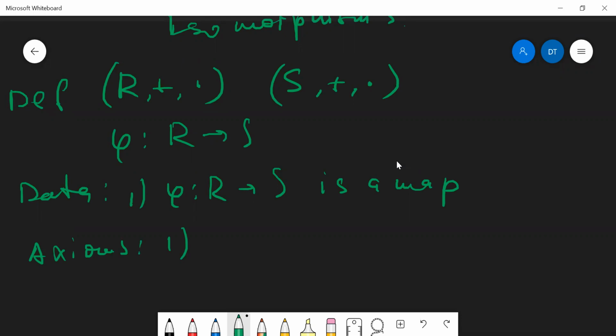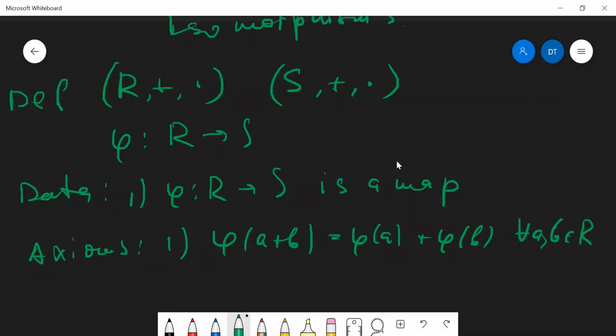The first axiom: it must preserve the addition, in the sense that phi of a plus b equals phi of a plus phi of b for any a and b of R.